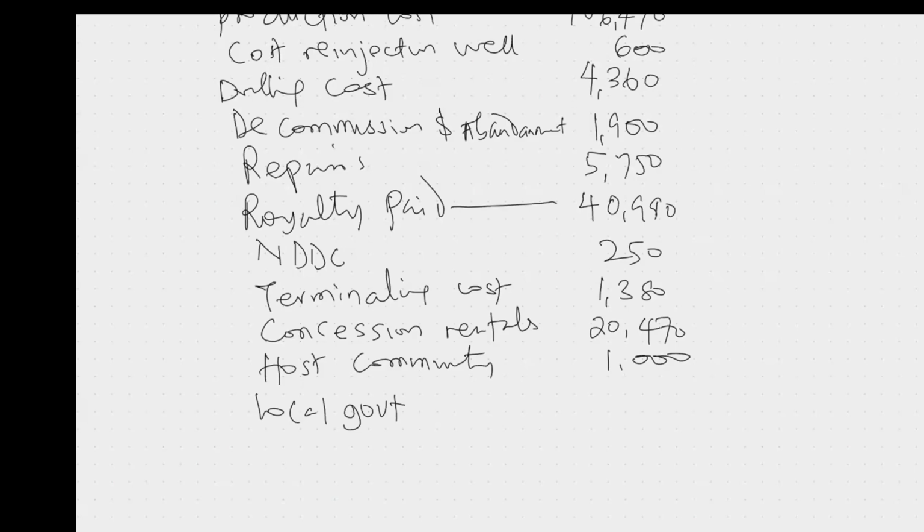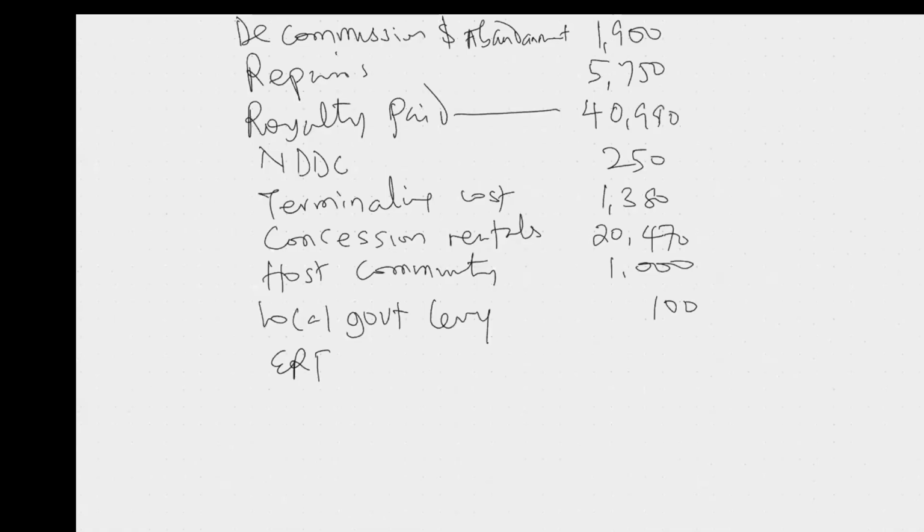Environmental remediation fund: how much? 1,420. Cost incurred in seeking information for oil deposit: allow or not allow? Not allowed. That is not allowed.